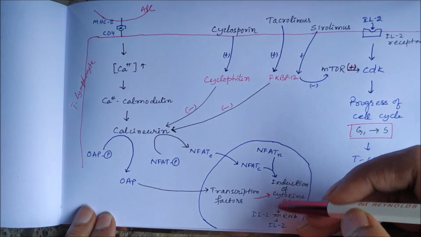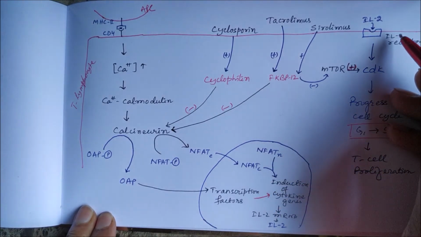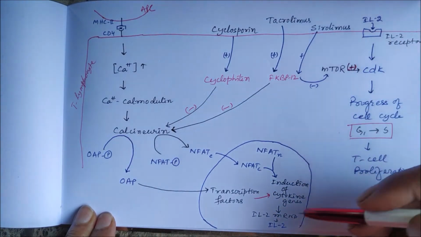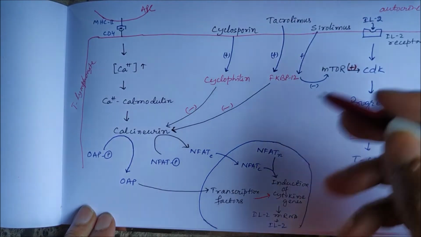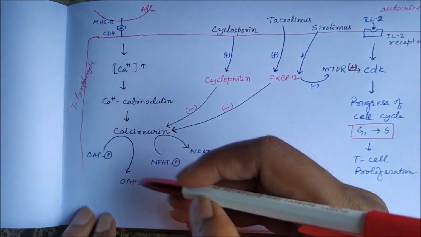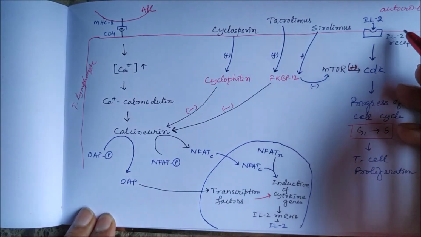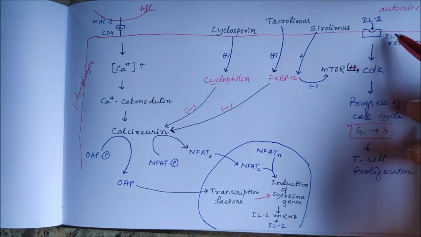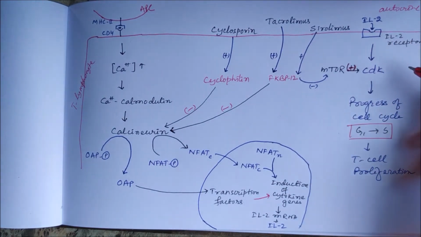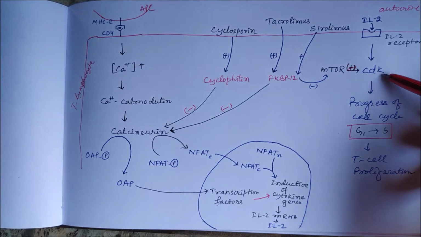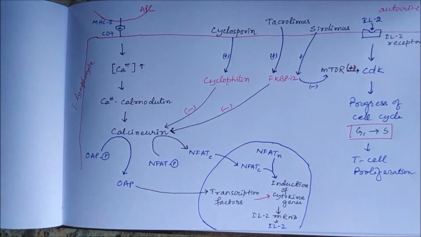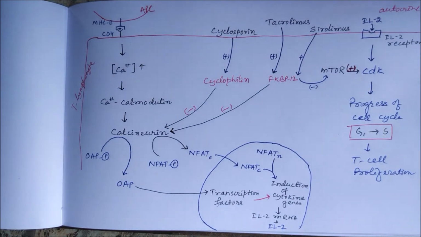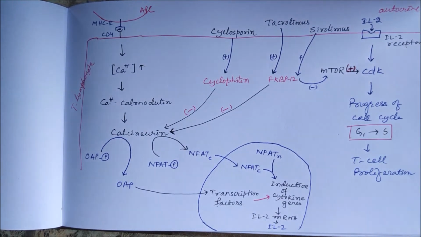Now this interleukin 2 generated acts on the T lymphocytes. So this is autocrine action, because the interleukin 2 produced is released from the T lymphocytes, and they again act on the same cells, and interleukin 2 activates the cyclin dependent kinases, which help in the progress of the cell cycle from G1 to S phase, which will induce cell division, and there will be T cell proliferation.